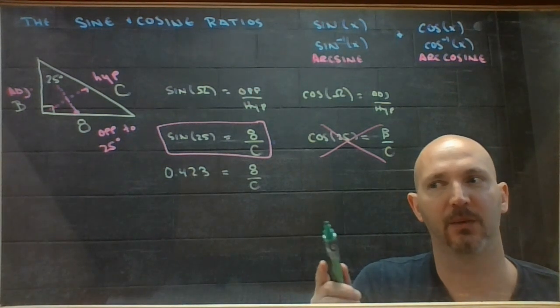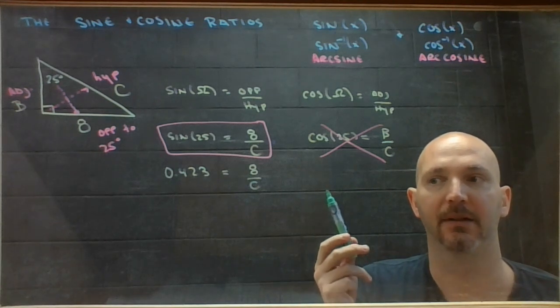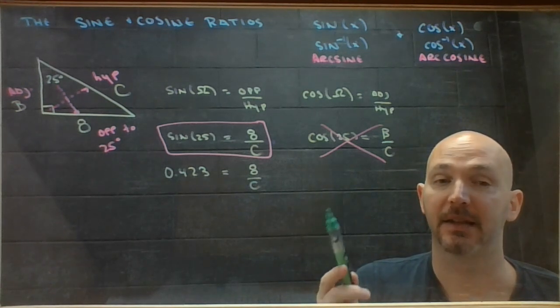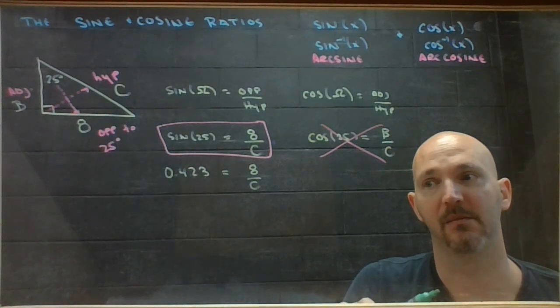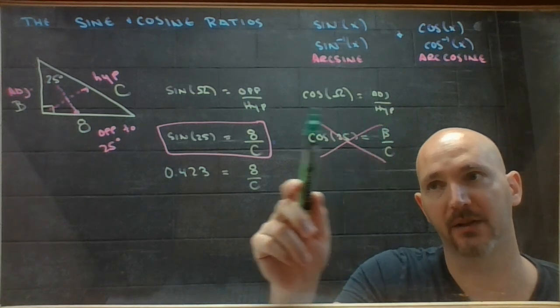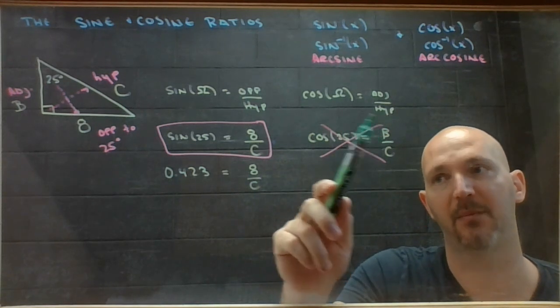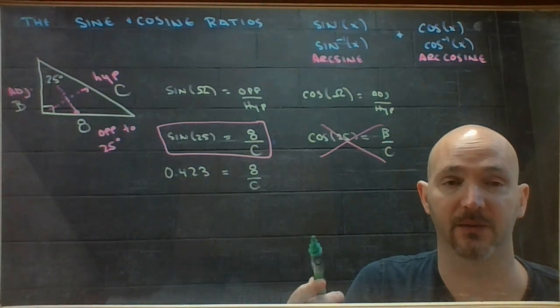This happened in the tan ratio video where I had something in the denominator. In the tan video, you were able to just swap to the other angle. But in both of these ratios, the hypotenuse is in the denominator. So switching to the other corner isn't going to make a difference.